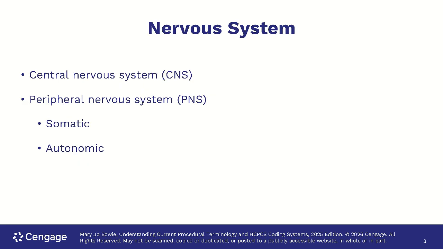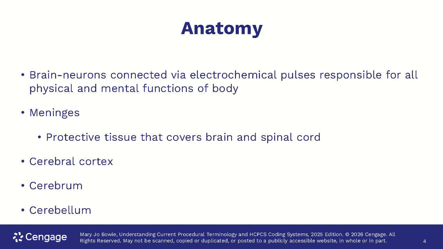The peripheral nervous system is divided into two systems: the somatic and the autonomic. So the somatic connects the central nervous system to the skin and skeletal muscles via the cranial and spinal nerves. Then the autonomic nervous system connects the central nervous system to the visceral organs via the cranial and spinal nerves. All right, so I was moving too fast.